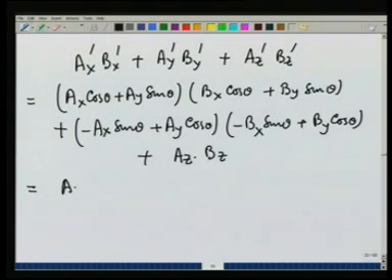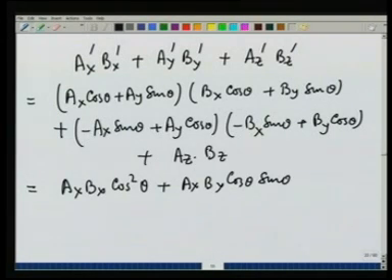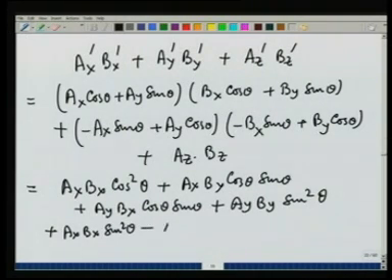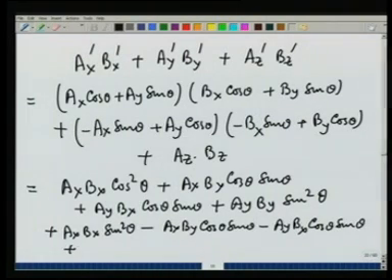The first term gives you ax bx cosine square theta plus ax by cosine theta sine theta plus ay bx cosine theta sine theta plus ay by sine square theta, plus ax bx sine square theta minus ax by cosine theta sine theta minus ay bx cosine theta sine theta plus ay by cosine square theta, plus az bz.